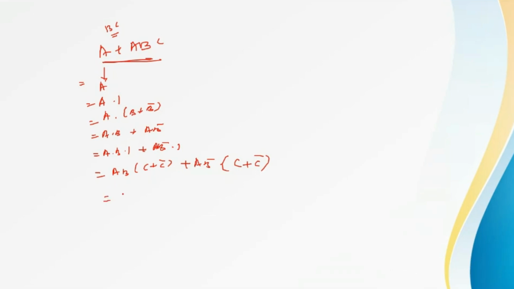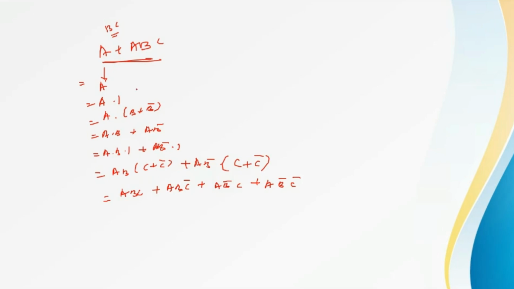So again, distributive law: ABC plus ABC bar plus AB bar C plus AB bar C bar. So this is only for the A, right? Now we have to add this ABC also.